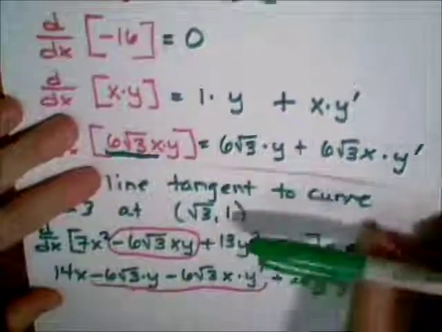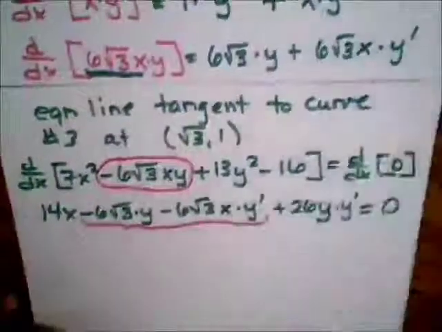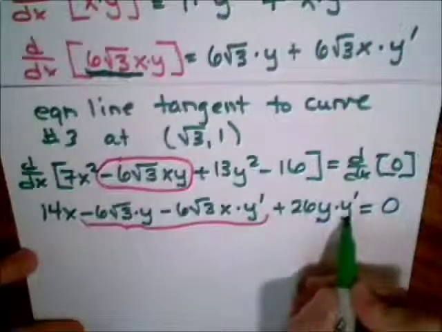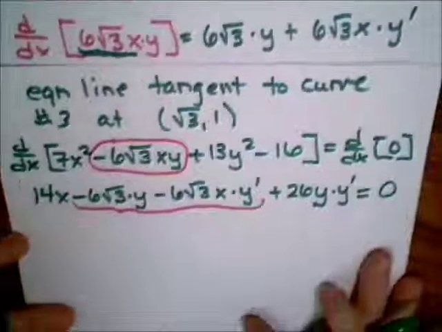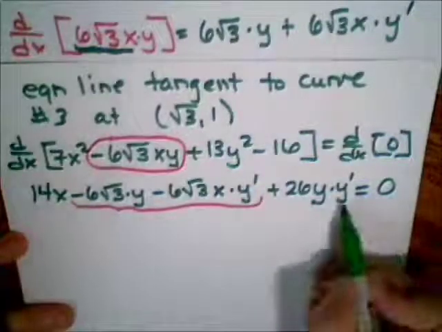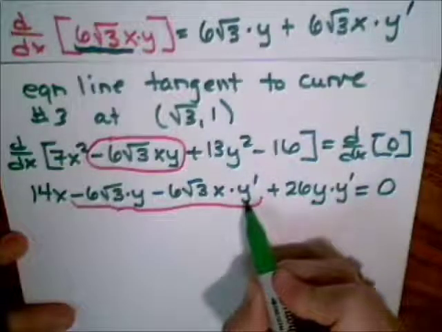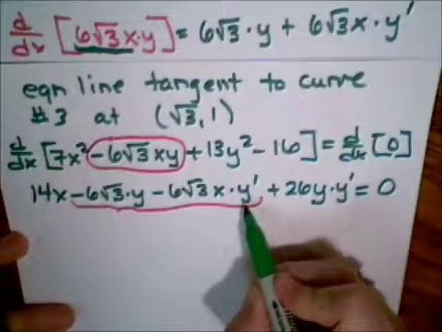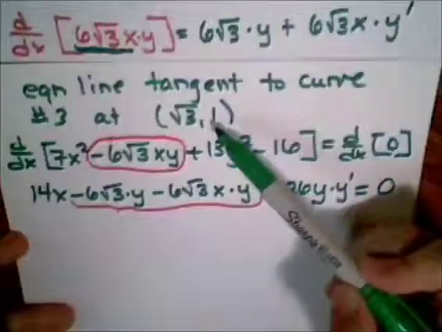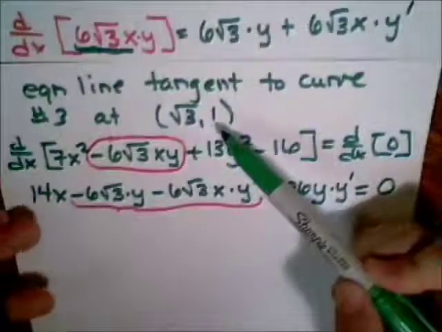Okay. Now if a person just wanted to find an expression for y prime in terms of x and y, then the next step is to treat this like a linear function and solve for y prime. Isolate y prime. Now we saw in the second video that we could make the algebra easier.